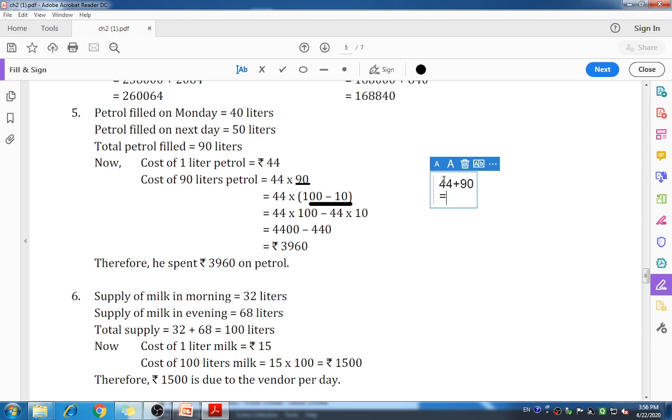I will write it here first. So 9 fours are 36.